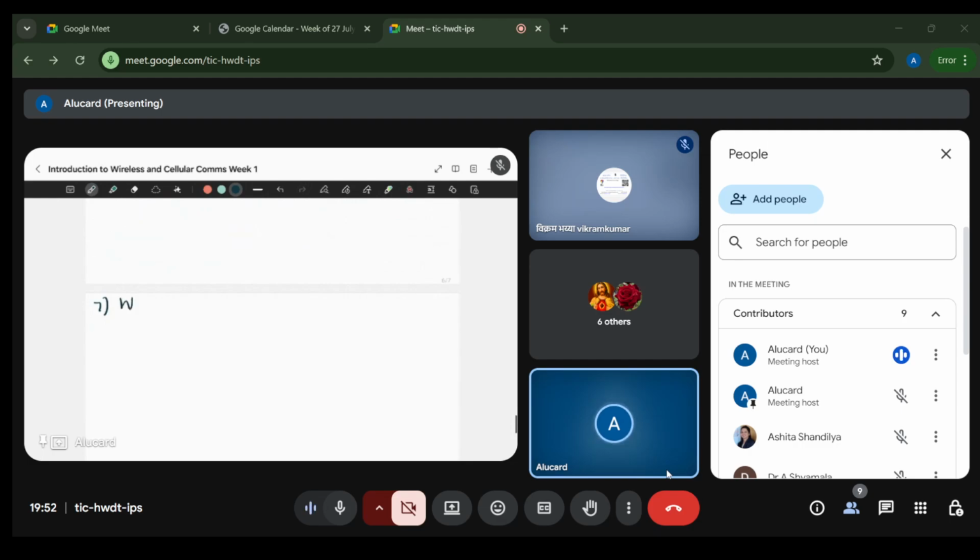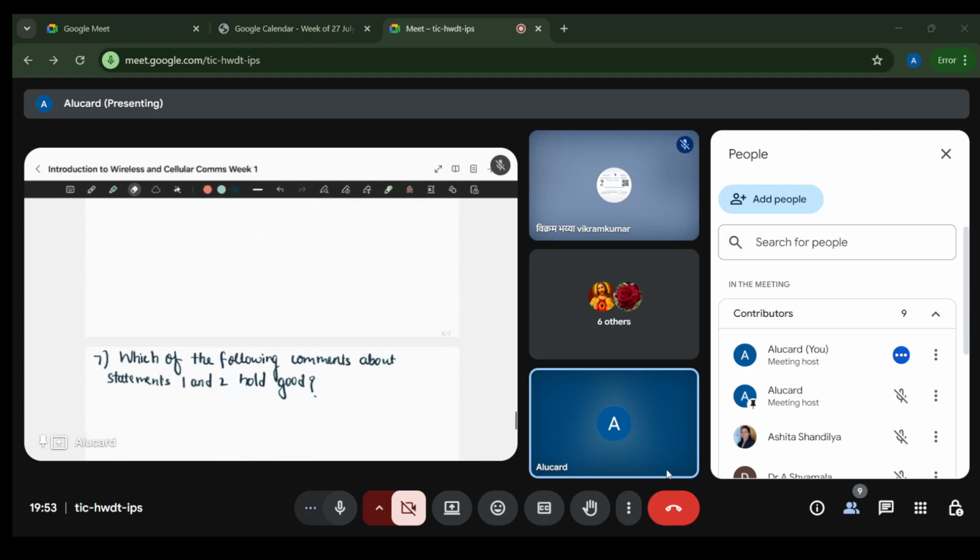Question 7 is a true or false type of question. Let me change the question. Which of the following statements is true?